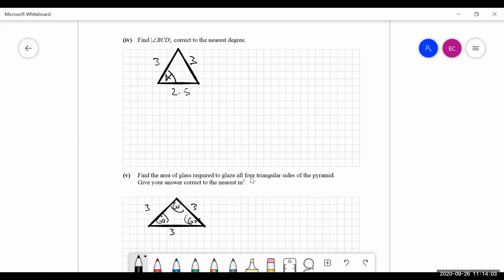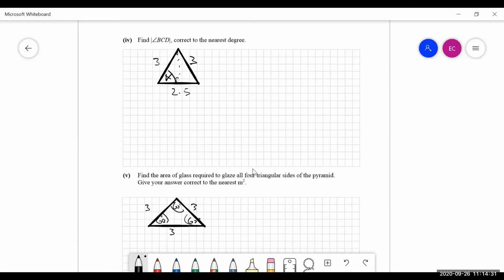We could use the cosine rule, but we could also do it somewhat simpler by dropping a line down here and creating a right angle triangle with a base half of 2.5, 1.25.